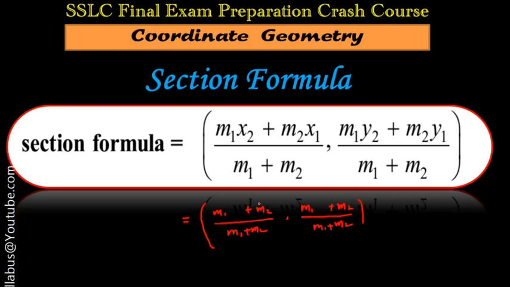Isn't it easy, just writing m1 plus m2 upon m1 plus m2 and again m1 plus m2 upon m1 plus m2. Now right here x2 and here x1, similarly here y2 and here y1. It's over. So the section formula is very easy. Today using this formula only we are going to solve certain sums now. Okay, let's focus on the sums now.